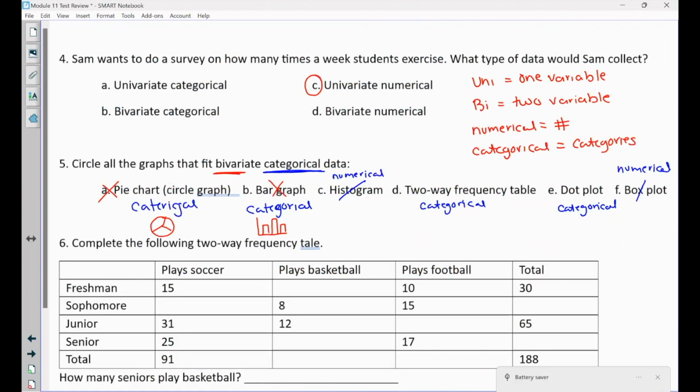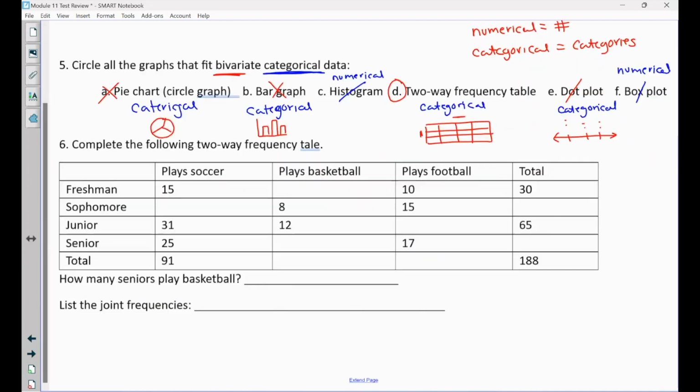A two-way frequency table looks something like this. Normally, it measures one thing over here, and another thing over here. So I would say D is the answer. A dot plot normally only measures one thing. So I will go with the two-way frequency table.